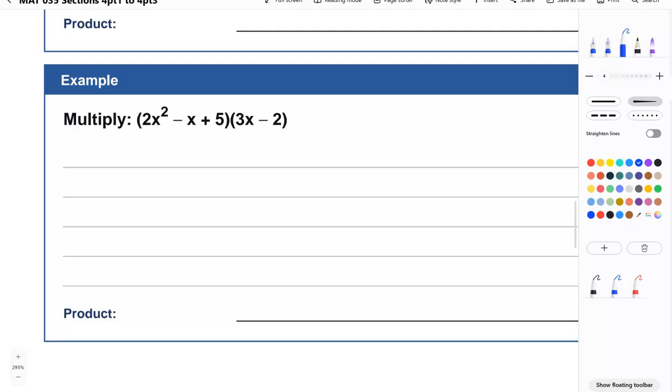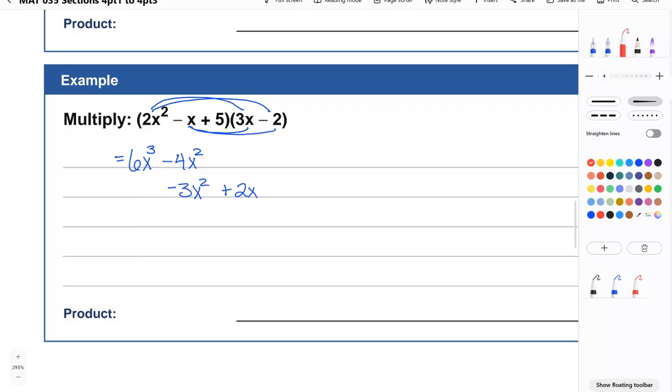So the next one, I have 2x squared times 3x. So that's going to give me a 6x cubed. 2x squared times a minus 2 would be a minus 4x squared. And then we're going to do negative x times 3x, which is negative 3x squared. And then negative x times a negative 2, which is a positive 2x.